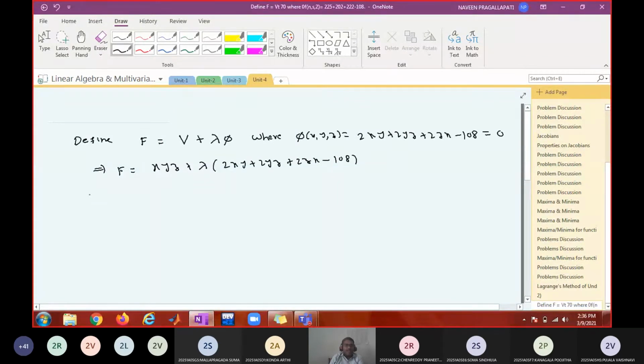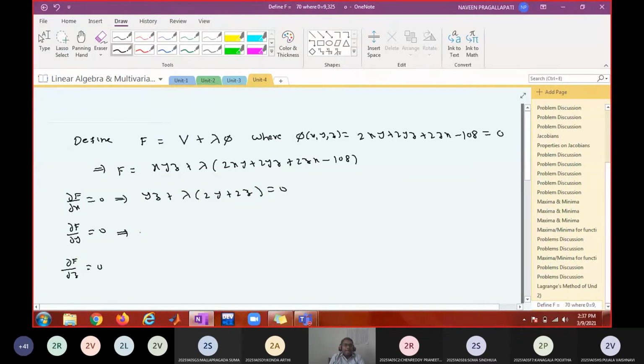So that means what? Find out dou f by dou x equal to 0, dou f by dou y equal to 0, dou f by dou z equal to 0. So from this, dou f by dou x equal to 0 gives yz plus lambda into 2y plus 2z equal to 0.